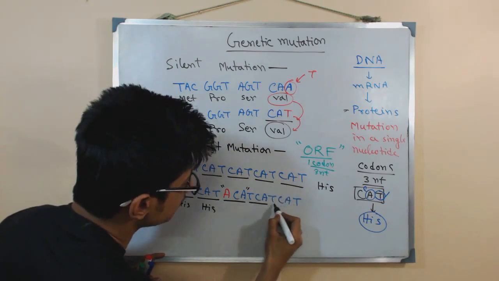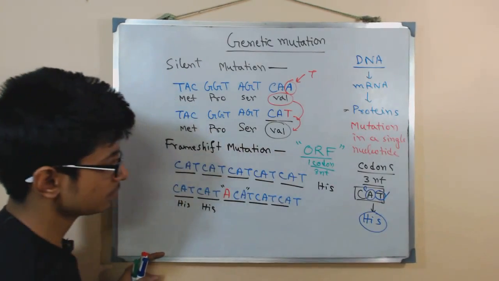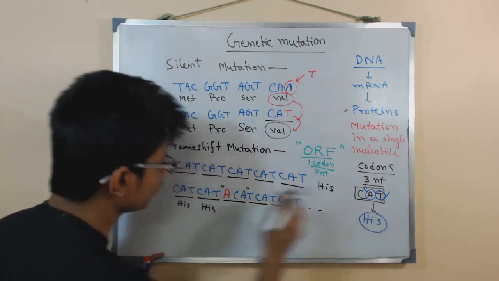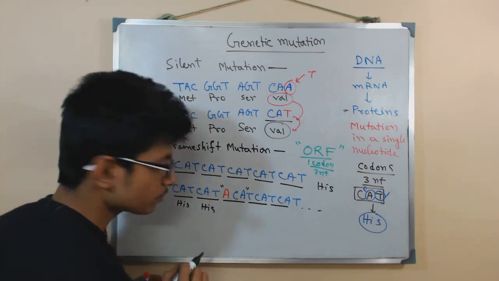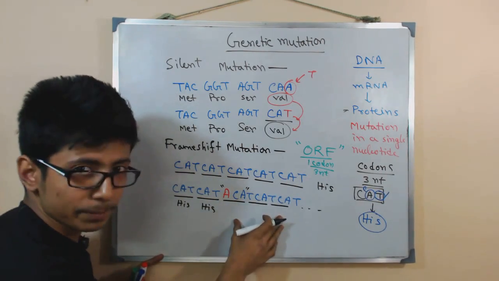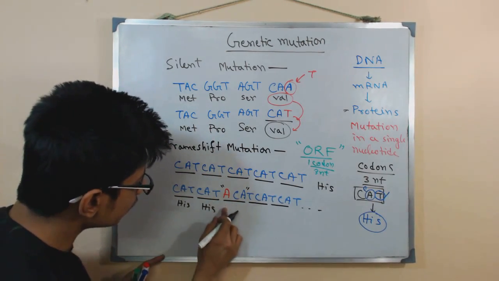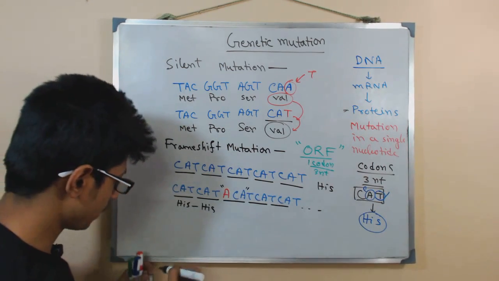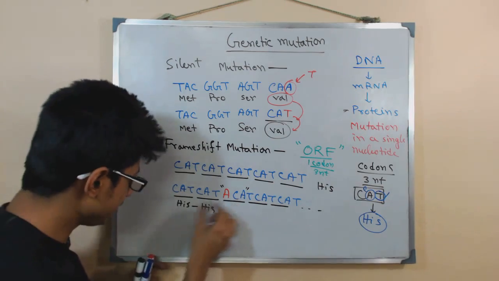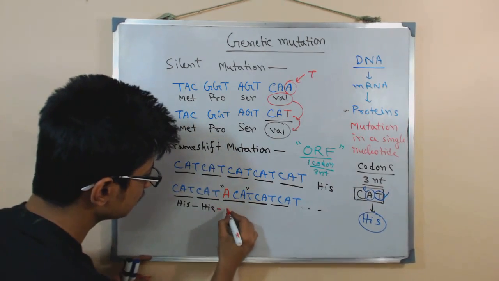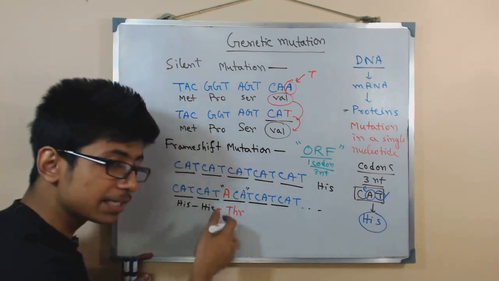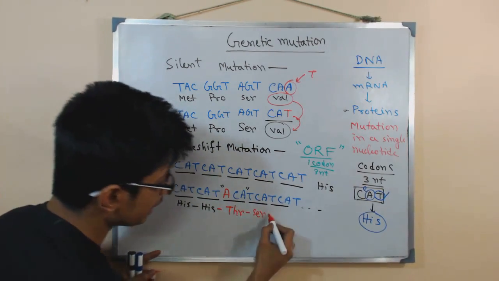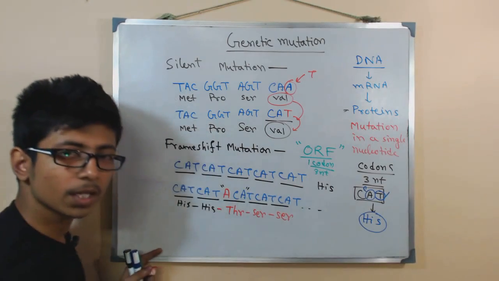Instead of CAT it is TCA again, right? And then it will go on like that in the future. So from the first two, histidine and histidine are placed. But after that, ACA stands for threonine, so they will add threonine. TCA stands for serine, they will add serine, and again another serine.